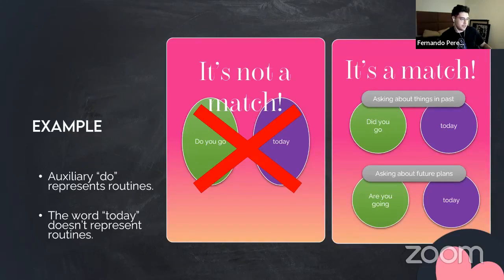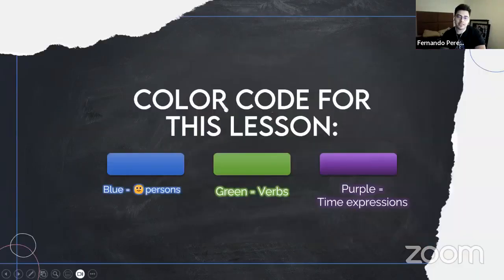Just a second because I lost the slide. Yes, here it is. For this specific reason, it's very important that every time you study times, present, past, future, context of conversation, you need to consider three colors: the verb, the person, and the time expression.